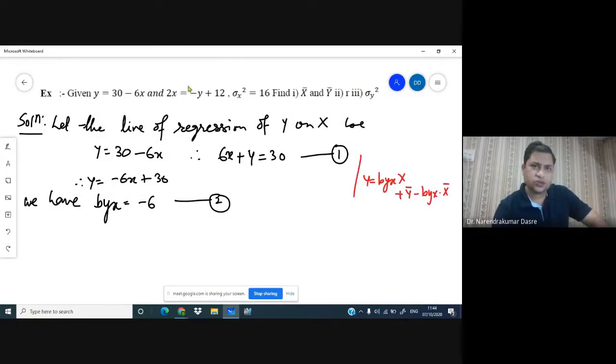Can you guess? Now this we have to express as x as a function of y. So what will be the slope of this line if I consider x as a function of y? Here we are getting the slope of this line as minus 6, and the slope of this is minus half. So one thing is sure, that both byx and bxy are negative.